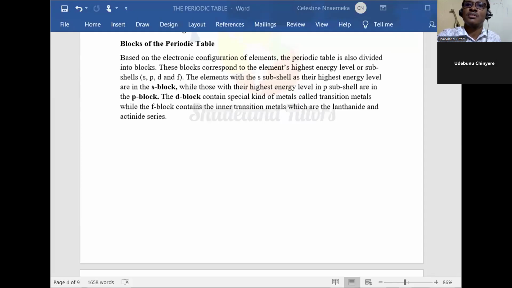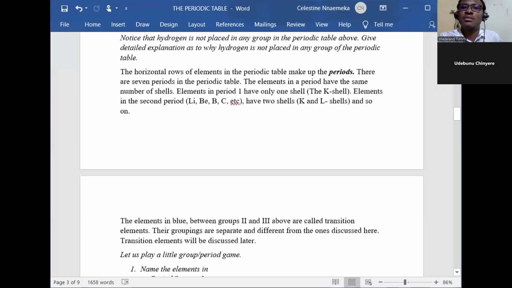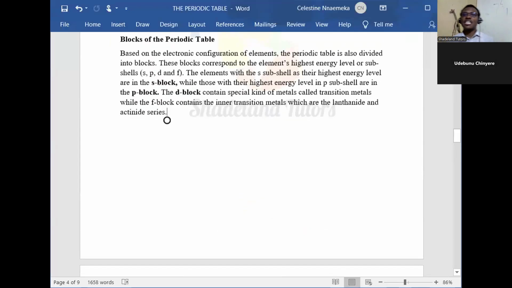These blocks correspond to the element's highest energy level or subshells S, P, D, and F. The elements with the S subshell as their highest energy level are in the S block, while those with the highest energy level in P subshell are in the P block.